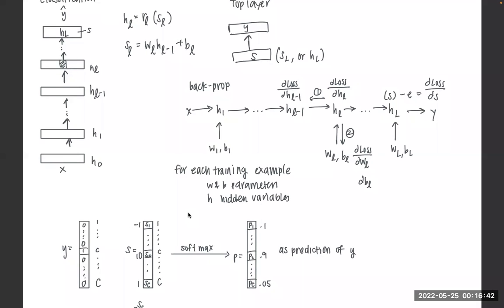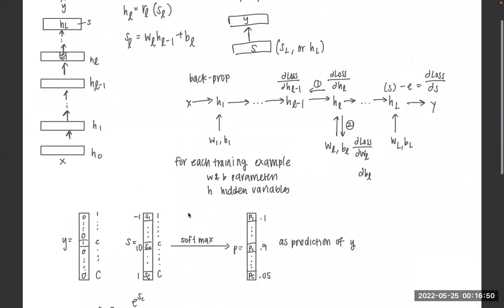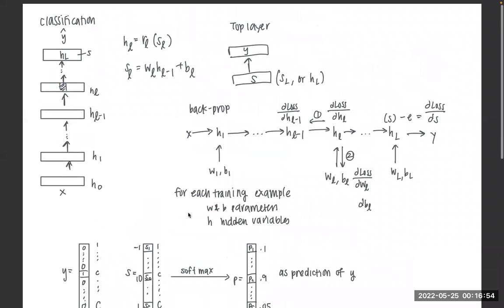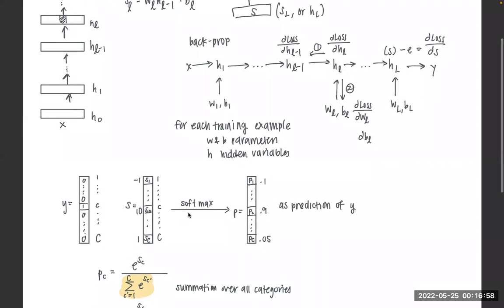Sometimes, of course, it can also be a continuous vector. In that case, we just use least squares. But for multi-category classification, where Y is a class label, this is very common, and the underlying treatment is also more involved than regression.